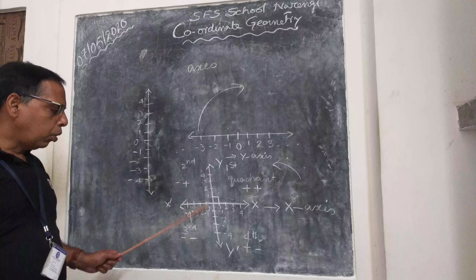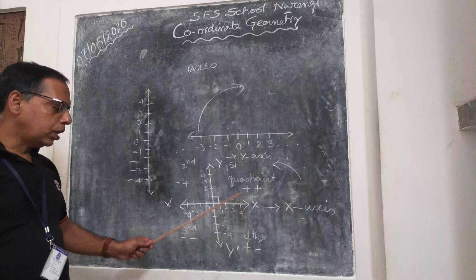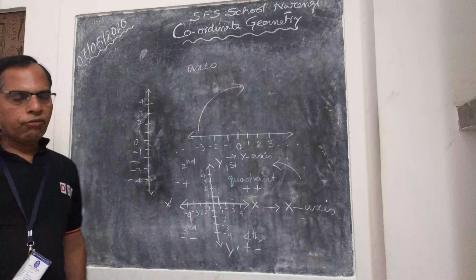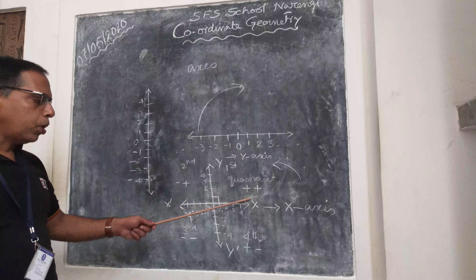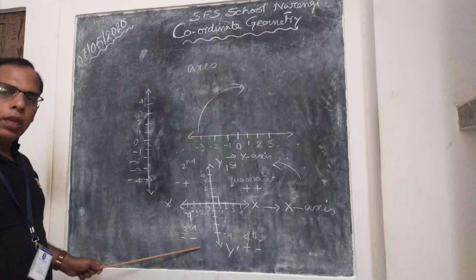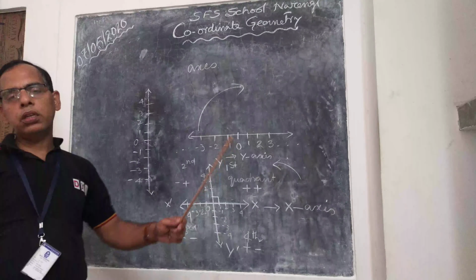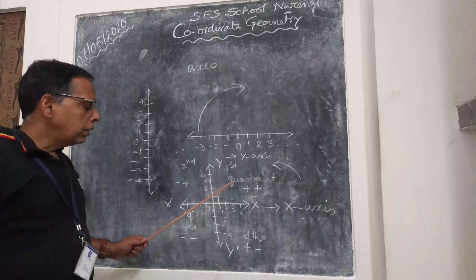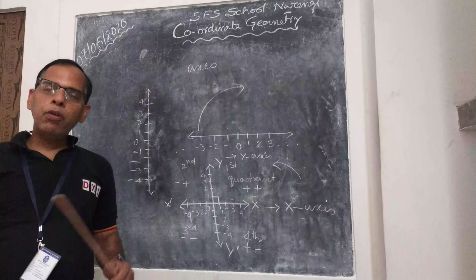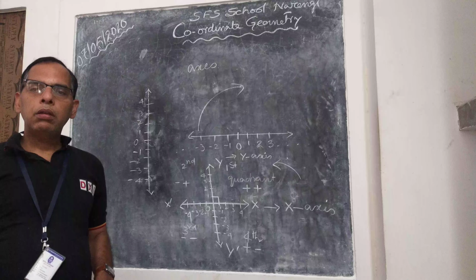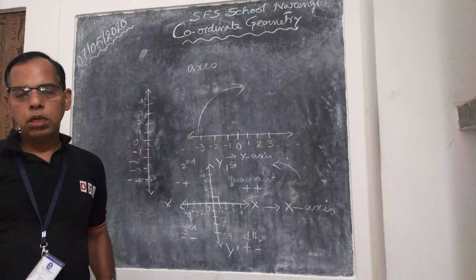Third quadrant, both negative. Fourth quadrant, x positive, y negative. So first quadrant, positive, positive. Second quadrant, negative, positive. Third, negative, negative. Fourth, positive, negative. Clear?